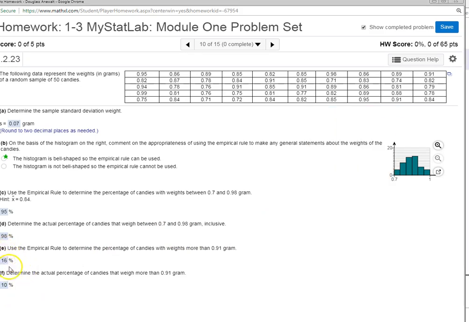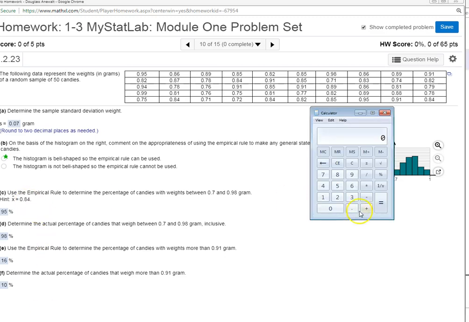And you'll want to do similar calculations here for E and F. E's asking not in between two values, but more than 0.91. So again, look at what your particular values are, but 0.91 is 1 standard deviation above our mean here. And I got that by adding the standard deviation to the mean. I add it one time and I get to 0.91.